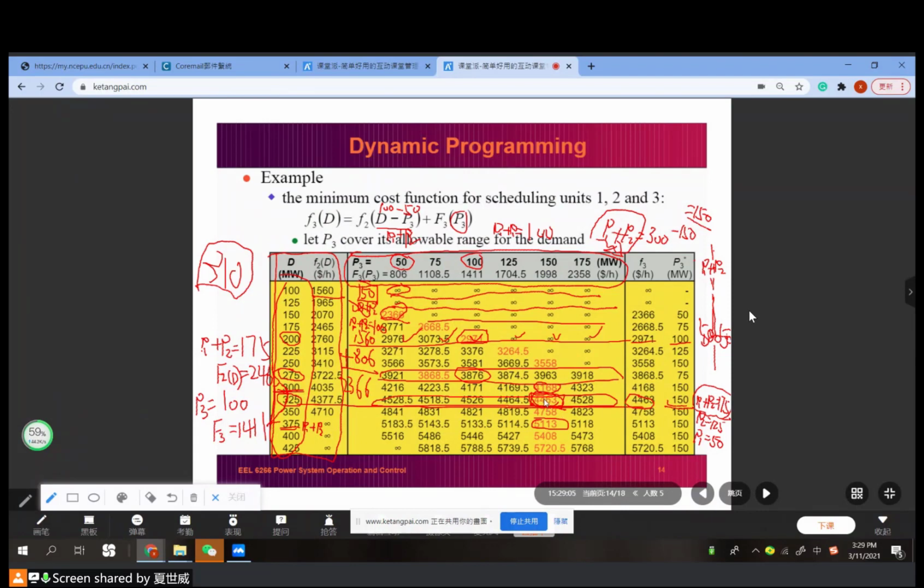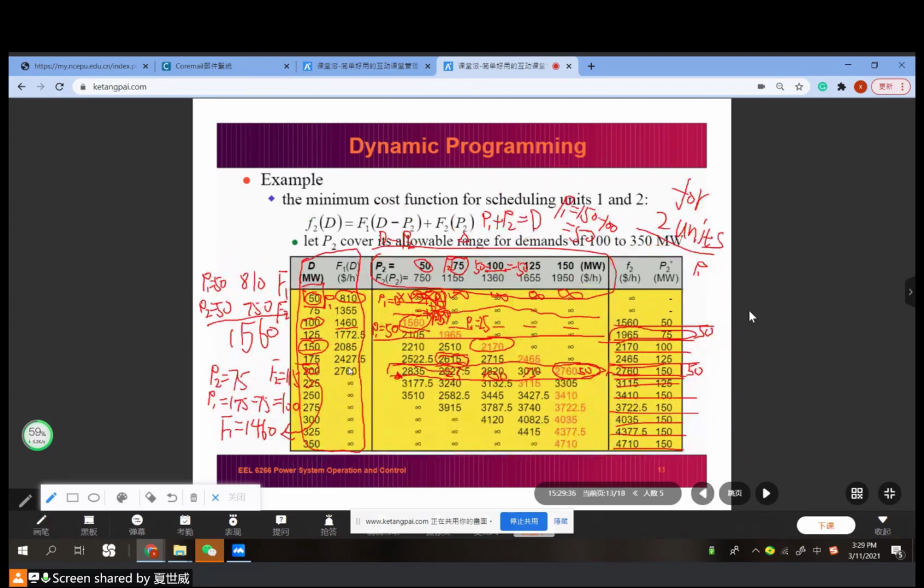the best solution is 4,463. So P3 is also 150. For P1 plus P2 it is 175. Okay, this number means P1 plus P2. We just use this minus this, so 175.